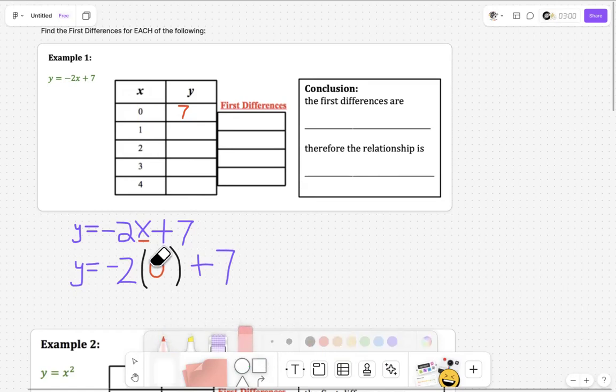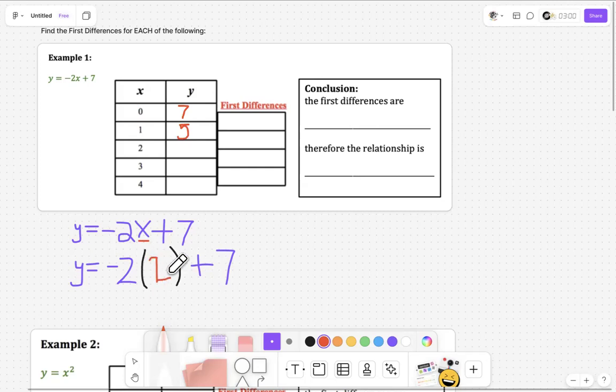Now, when x is equal to 1, I'm going to plug in my 1 for my x. So negative 2 times 1 is negative 2, plus 7 is going to give me the value 5. And I can keep doing that. I can turn this into x is equal to 2.